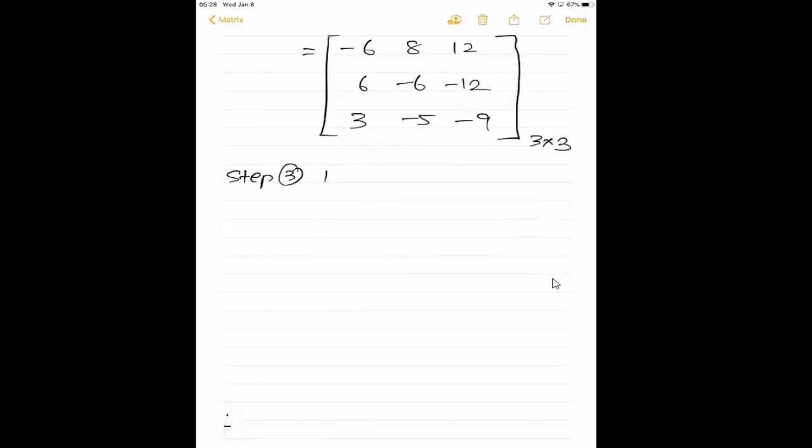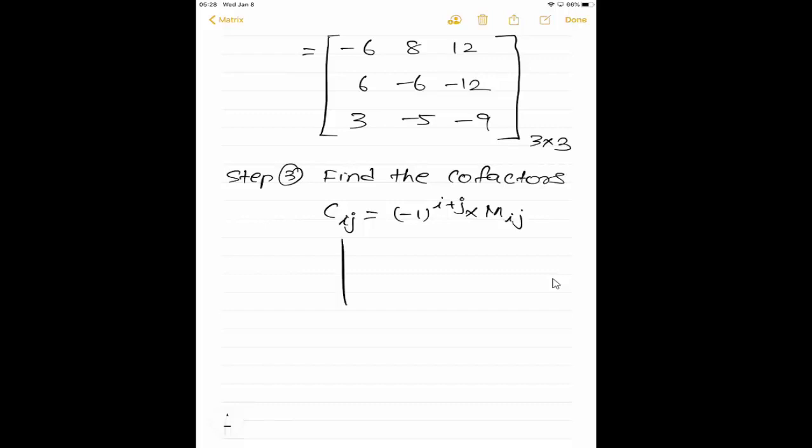Step 3. Once you are done with the matrix of minors, the next step is we have to find the cofactors. And we know what is the formula. C of ij equal to minus 1 to the power i plus j into M of ij. In the previous example, I have taught you how to do this problem directly using the checkerboard.